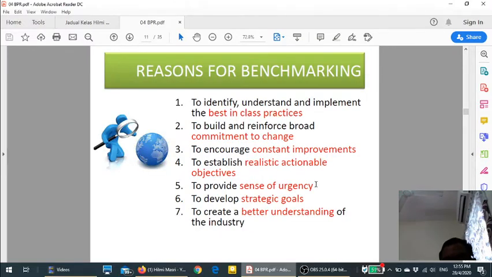The reasons for benchmarking are for you to identify, to understand and implement the best in class practices, have the commitment to change and to encourage constant improvement.